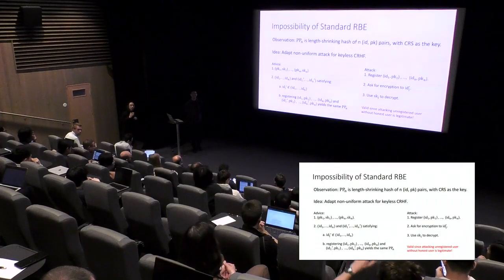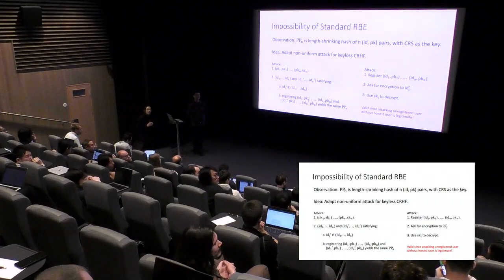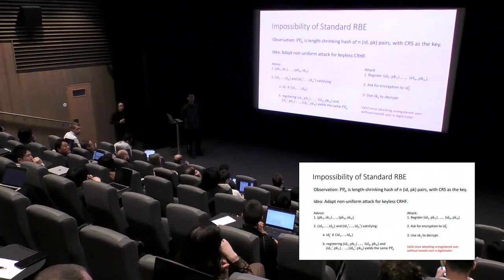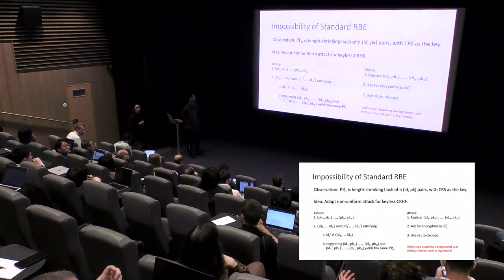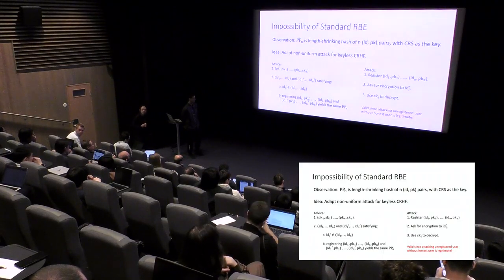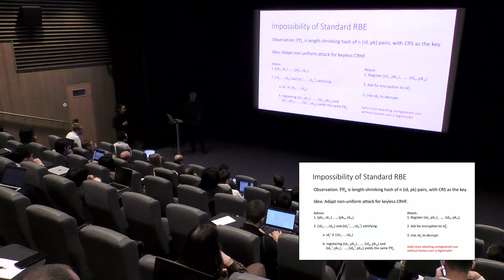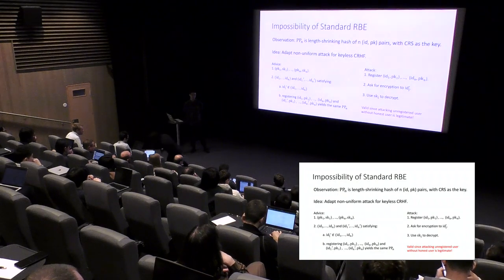Also, I want to ask, the impossibility result only rules out non-uniform adversaries. Can you say something about when you want security only against uniform adversaries? Is that possible in the plain model? I don't think so. No, I don't know, but I'm more inclined to believe there isn't.